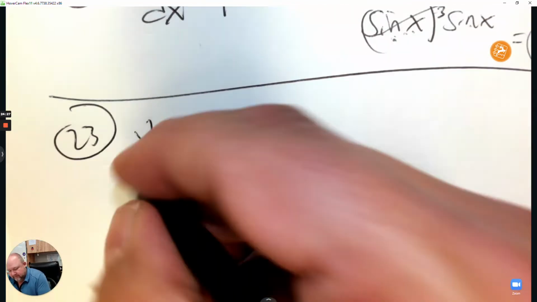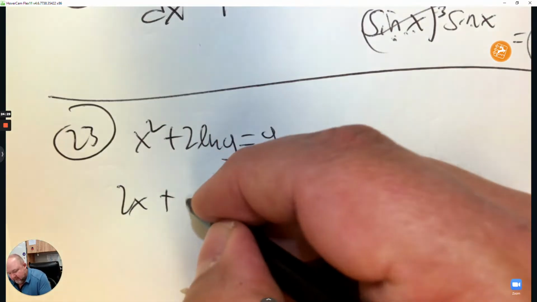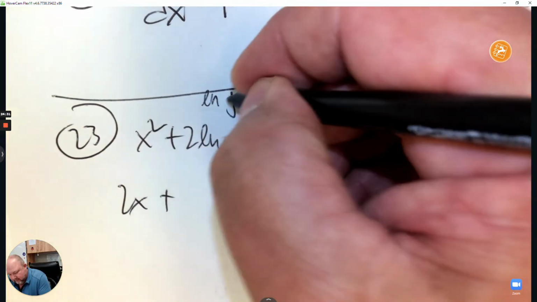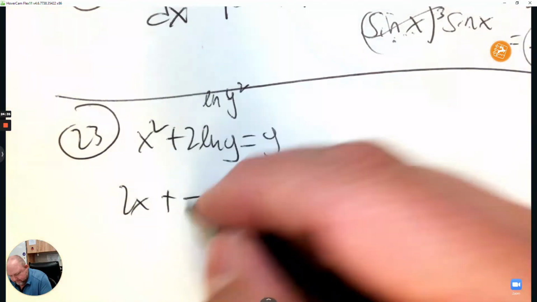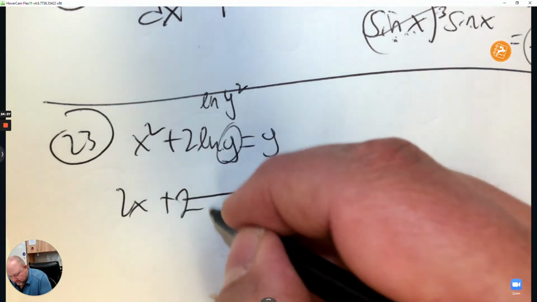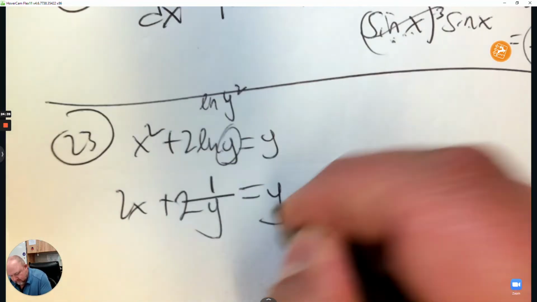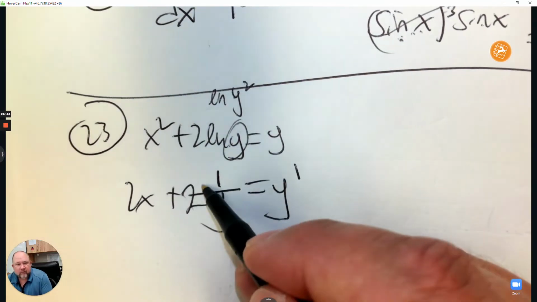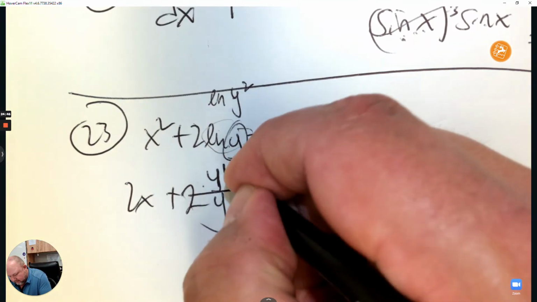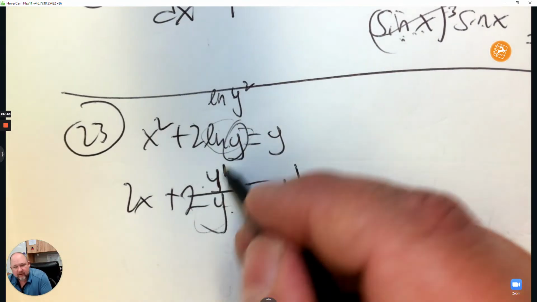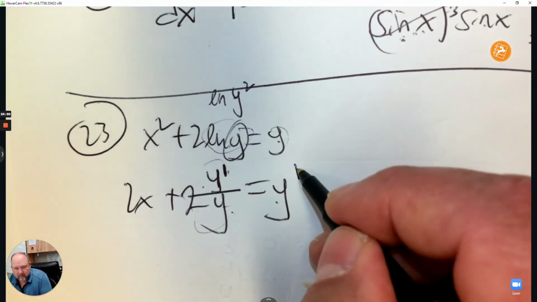23. All right, take the derivative. That's 2x. I'm going to write this as ln y squared. I guess you can do 2 ln, same thing, right? So that's 2, and then the derivative of ln is 1 over y, but it needs a y prime, because the derivative of y is y prime.